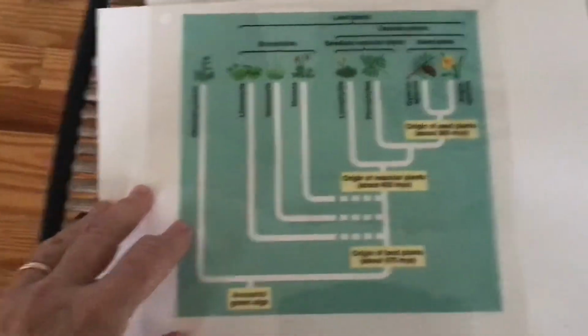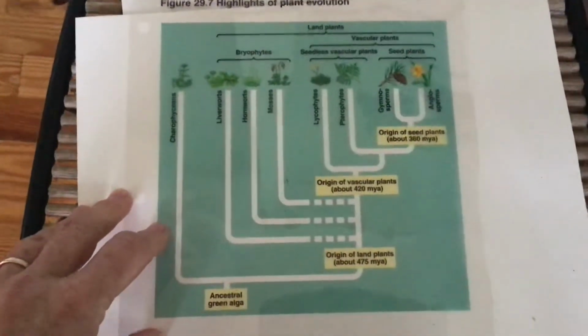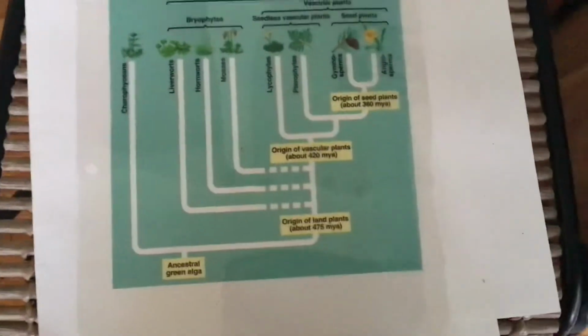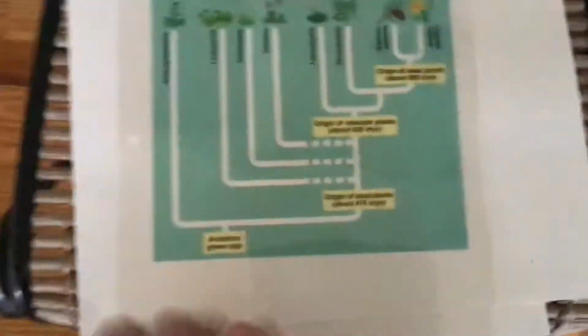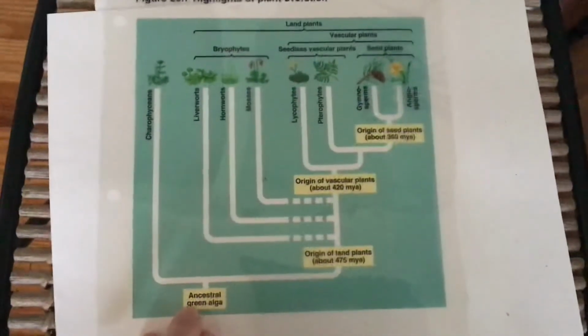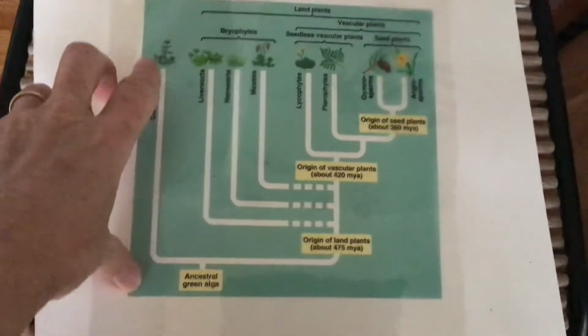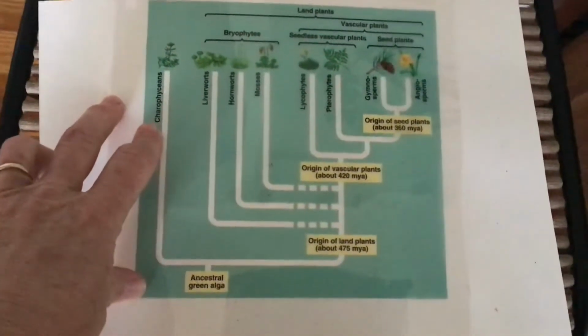So let's go through this a little bit more. Another thing I wanted to show you before we move on is this. This is in your textbook also, and this is just another way of looking at it. This is talking about when things would have come about. We have an ancestral group of green algae, which led to the Charophyceans, and those are the type of green algae we were talking about.